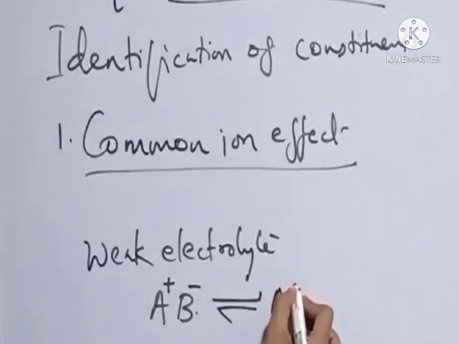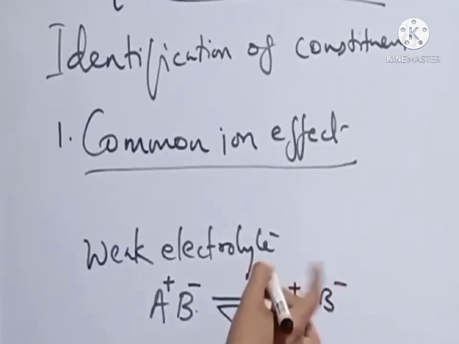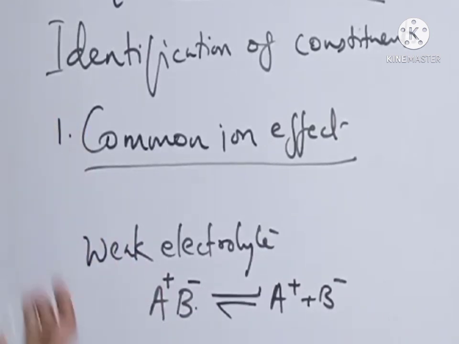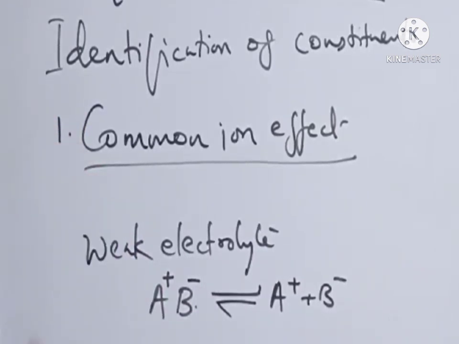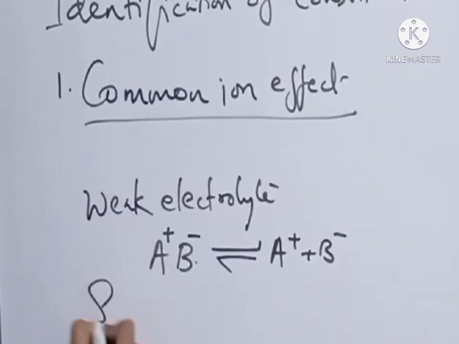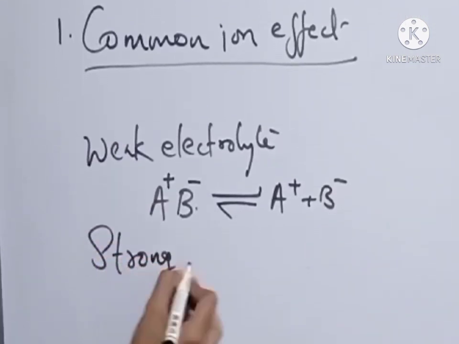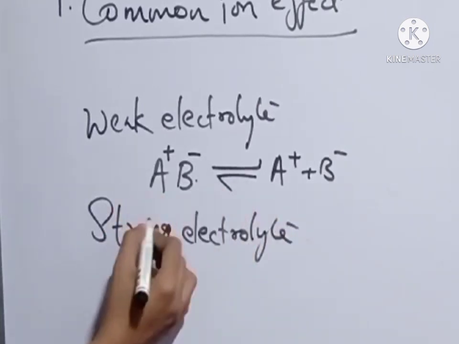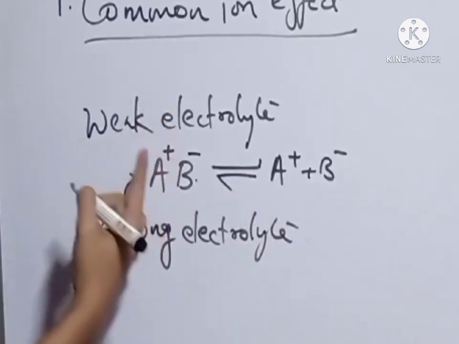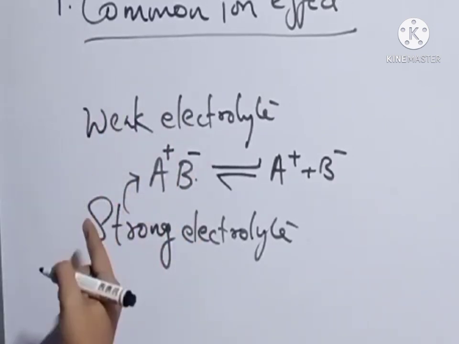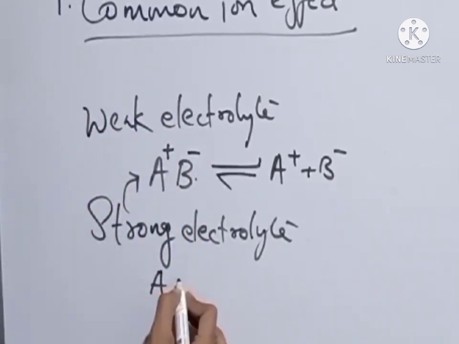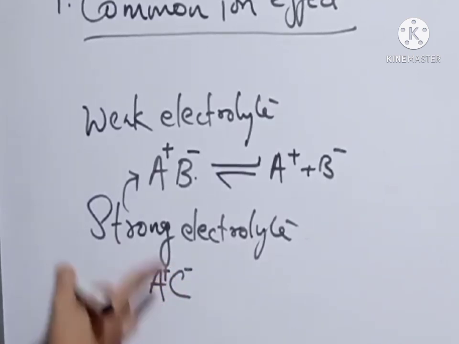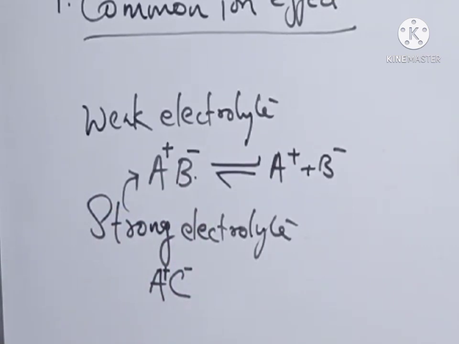Suppose I add a strong electrolyte into this solution. I'm going to add a solution of a strong electrolyte, which is AC, that is A plus and C minus ions.